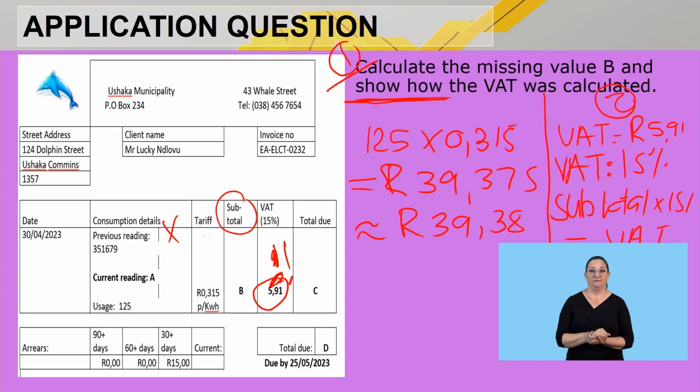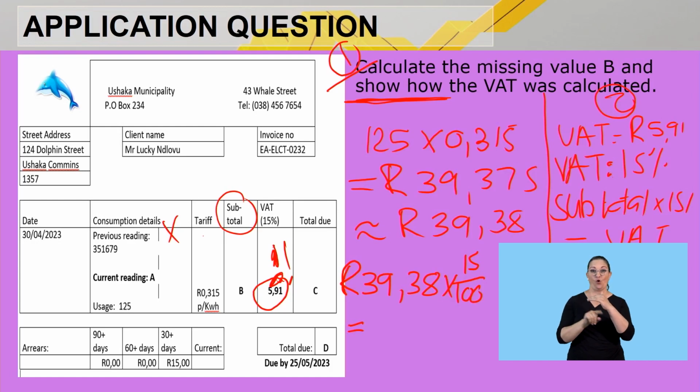So let's go into the question. Our subtotal is 39 Rand 38 times my 15%, which is also 15 over 100.